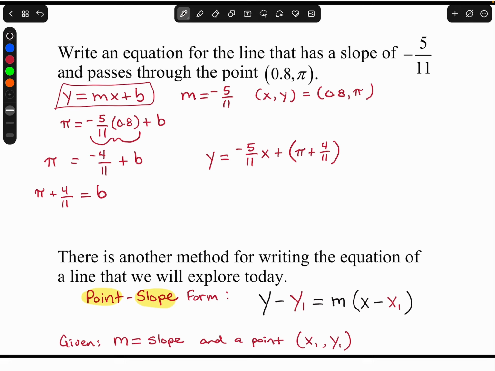Okay, so this is the formula for point-slope form, and we'll derive it and look at where it comes from later on. You'll be surprised. You probably already know where it came from, but you just have to make that connection. So we'll come back and look at this a little bit more. We're going to have y minus y sub 1 equals m times the quantity of x minus x sub 1.